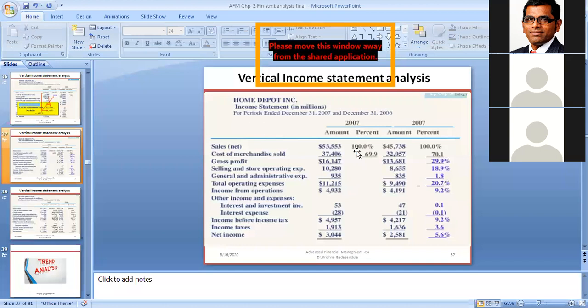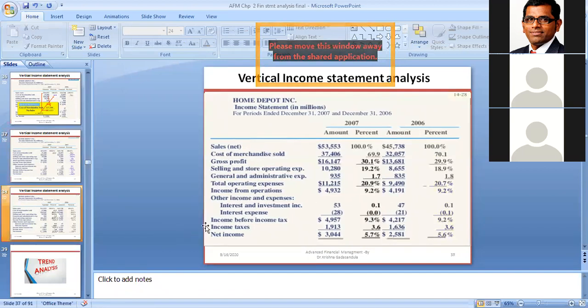And 2007. Like this, you can compare all components, whether they have been increasing or decreasing. Now we have done 2006 and 2007. You see the gross profit. Compared to sales, in 2006 it was 29.9%, and here it is 30.1%. Because the cost of merchandise sold has decreased, gross profit has increased.